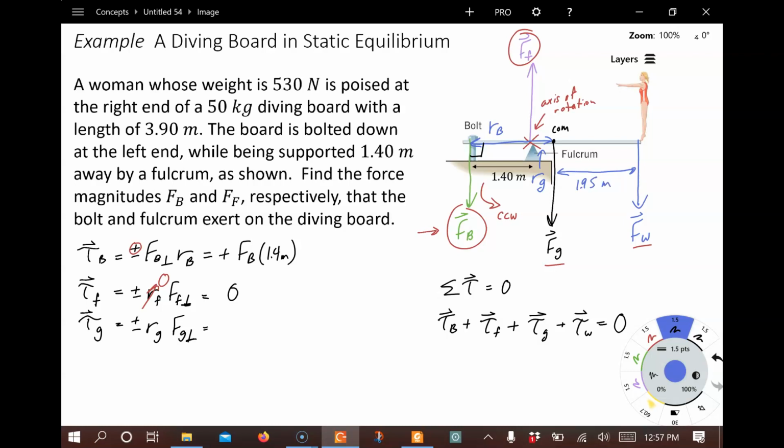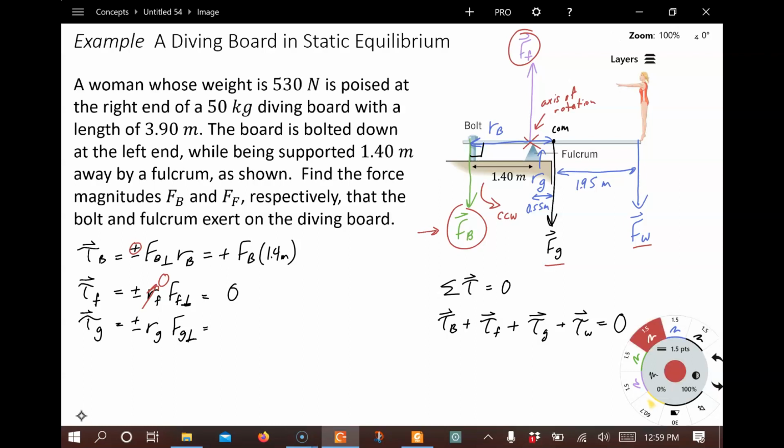And so this distance here that we need to figure out is going to be 1.95 minus 1.4. And that's going to end up giving us 0.55 meters, okay?